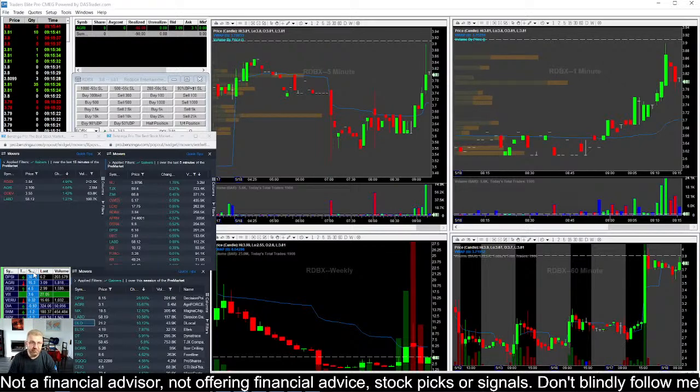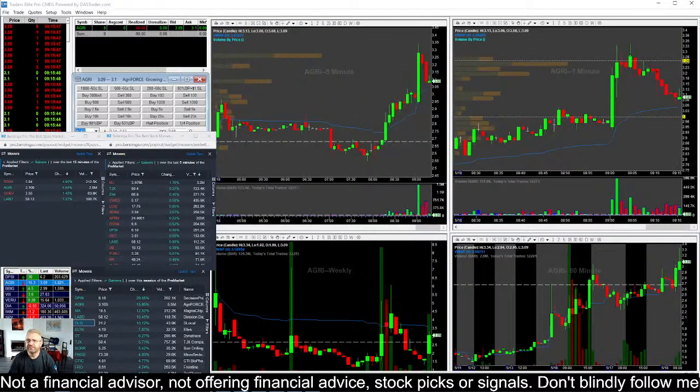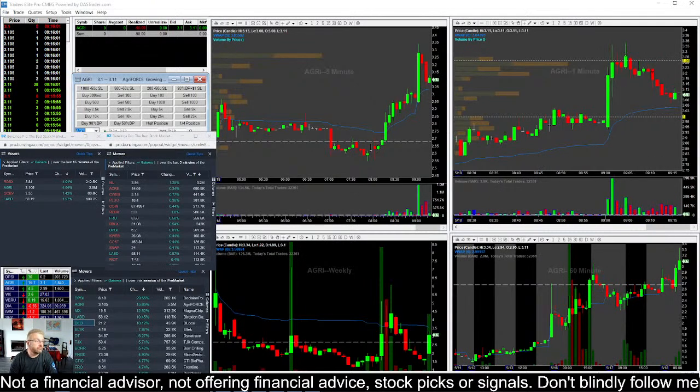It's not exactly what I would class as gap and go, but if it does start to get some momentum... Well, that's where the VWAP is, Chip. Bounce on the VWAP there. SPY having a bit of a sell-off.